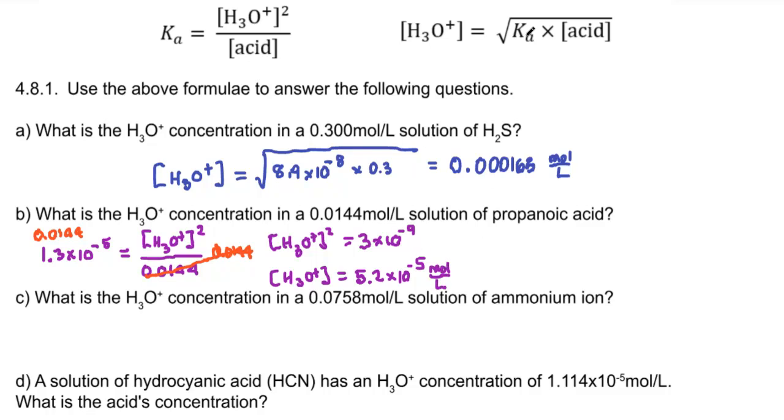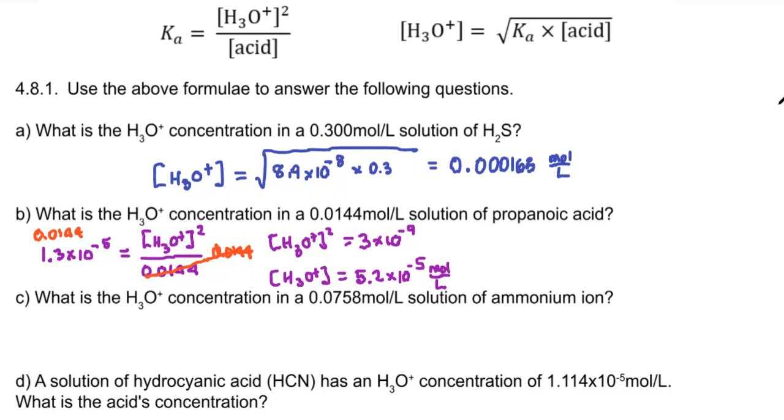If you run this with the root Ka times acid formula, I believe you'll find the same result, because look what we did. We took our Ka here, we ended up multiplying it by the concentration of the acid, and then we square rooted the result. We did exactly what this formula says, it's just we did it on our own algebraic initiative instead of just following the steps here. So these really are equivalent. You can feel good about either one of them.